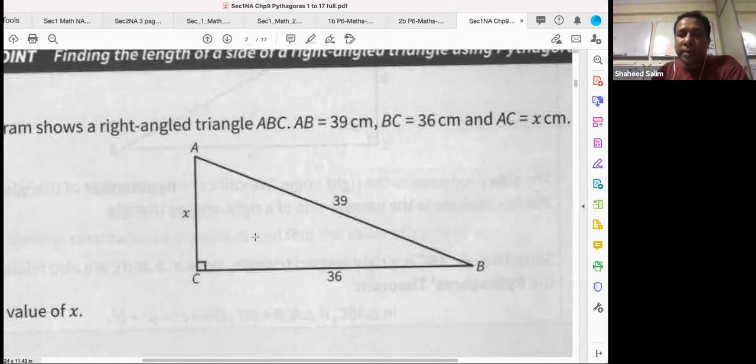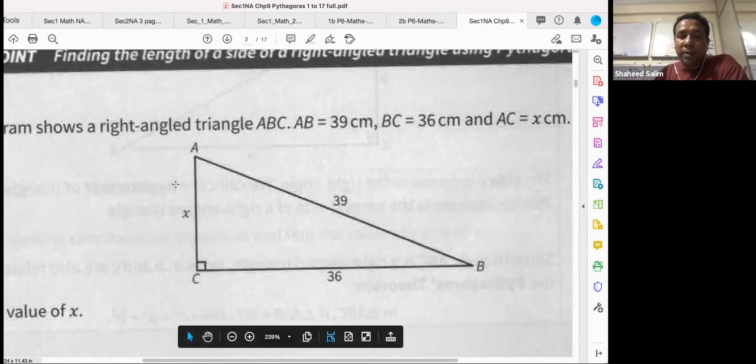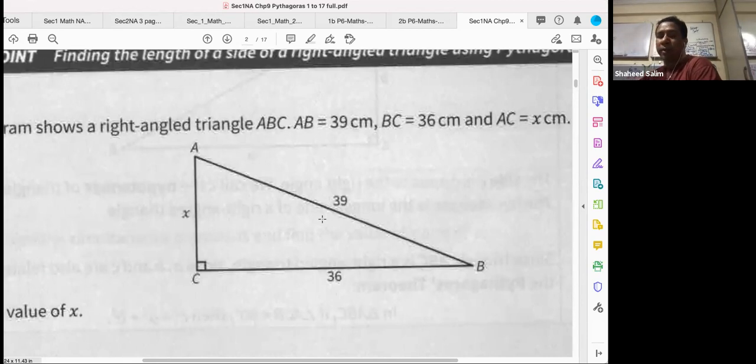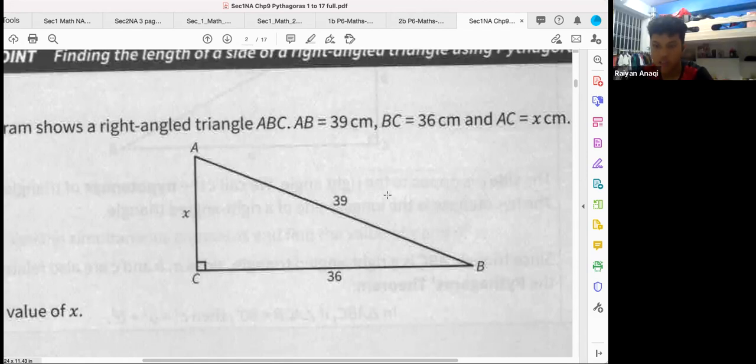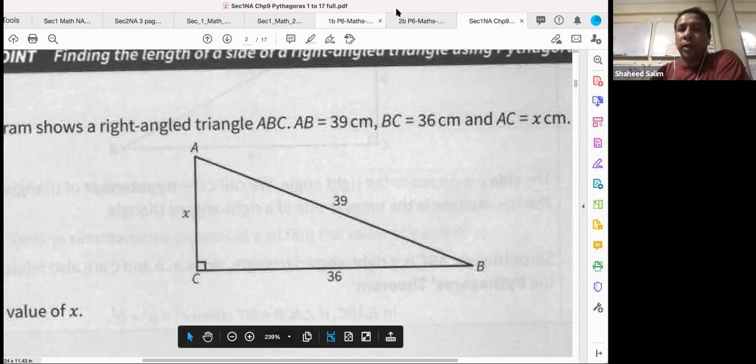This time, this squared plus this squared equals 39 squared. So you write down the equation.